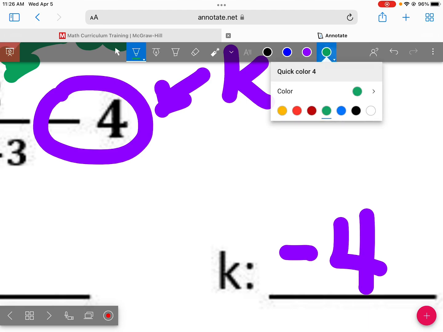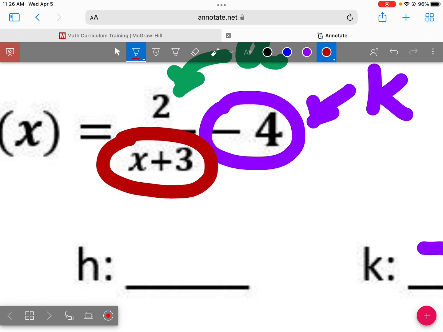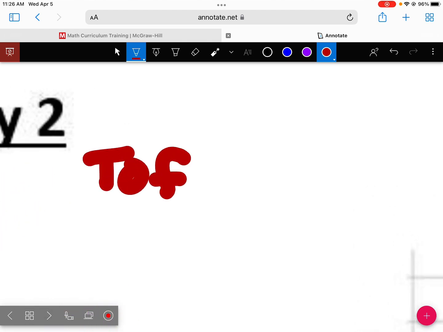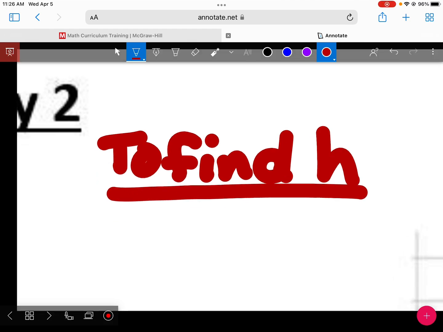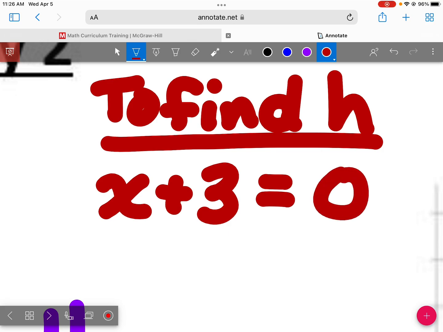How do I find my H value? Take the denominator, set it equal to 0. So to find H, I have x plus 3 equals 0.